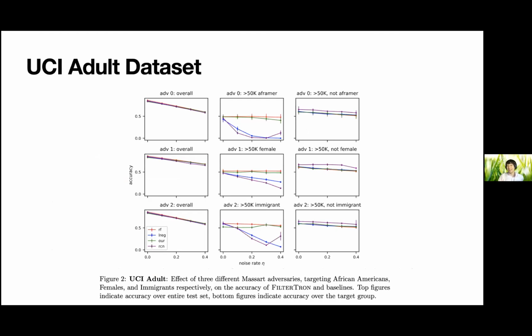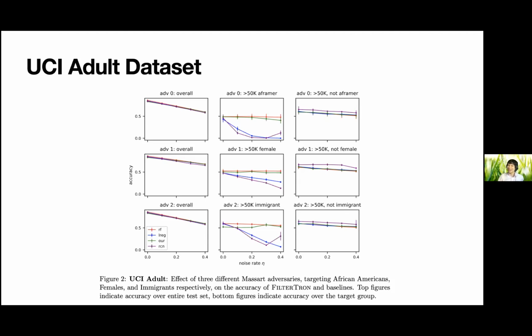And what you see is that logistic regression really does not behave in a perhaps desirable way when you do this experiment. Here, the rows correspond to different target groups. The blue line is logistic regression, and the green line is our algorithm. As you inject more and more noise into the complement of the target group, all of the algorithms basically maintain the same overall accuracy.